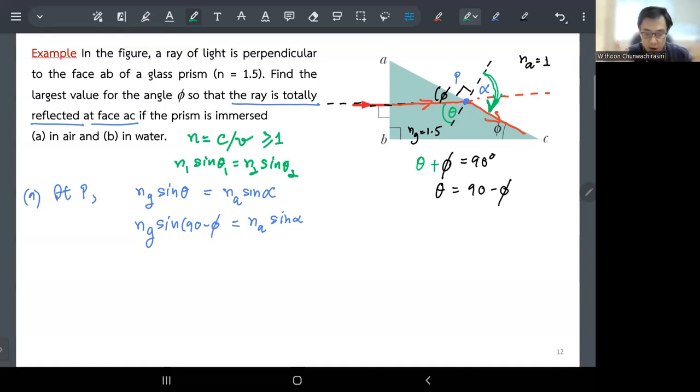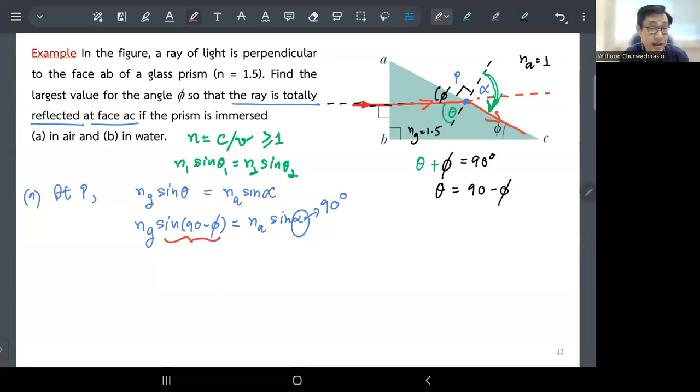Cool. All right, guys. So what we have to do over here is just set this alpha to be 90 degrees. And that will lead you back to calculate phi. At that value of phi, you will have the starting point where you're going to start to get the reflection. Now you use the trigonometric identity a little bit.